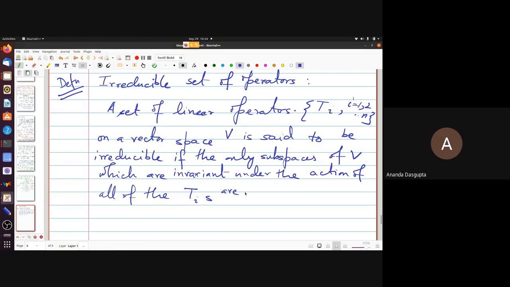If you have only the null vector, T1, T2, T3, Tn acting on the null vector will give you just the null vector. And the other subspace which V always has is V itself, and that of course is invariant under T1, T2, T3 up to Tn. So you can't say it has no invariant subspaces, but what you are claiming is that the only subspaces of V which are invariant under the action of all of the Tis are the trivial ones.